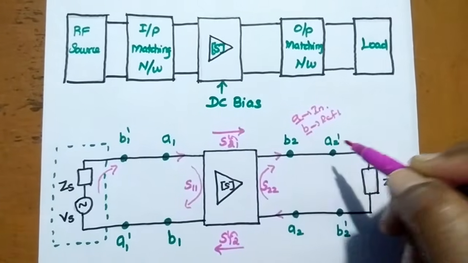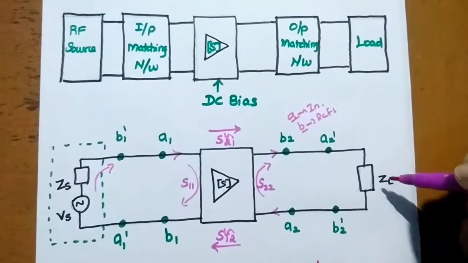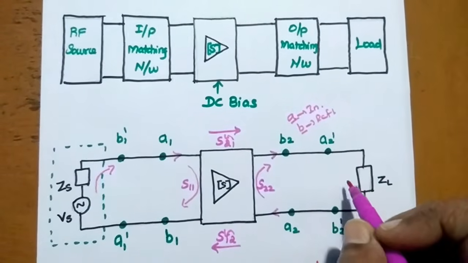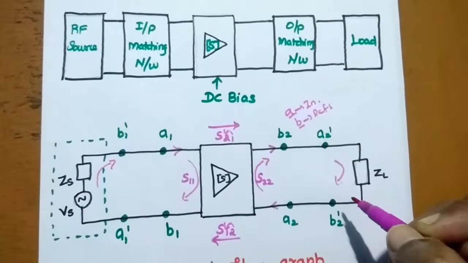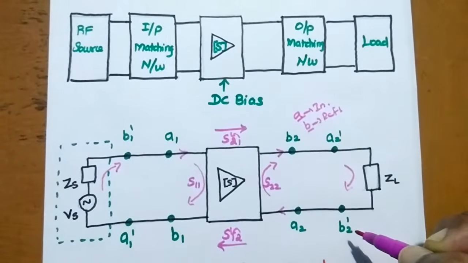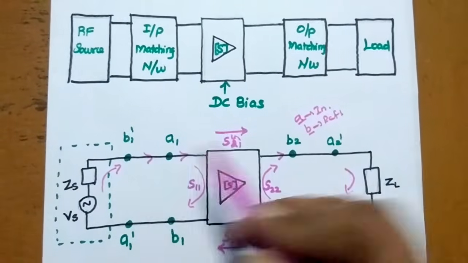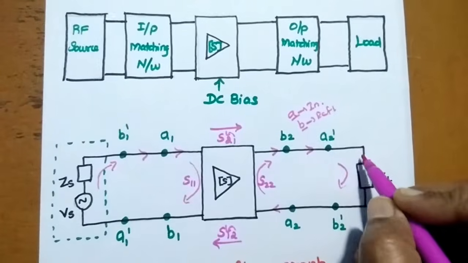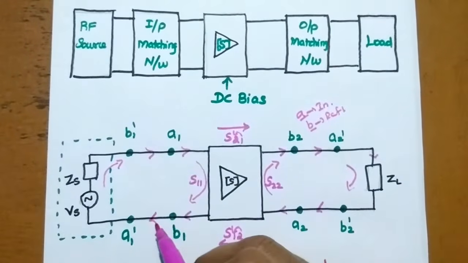This B2 is converted to A2 dash and given as the input to the load impedance. If there is some impedance mismatch, some of the signal can be reflected as B2 dash. So this is the signal flow.